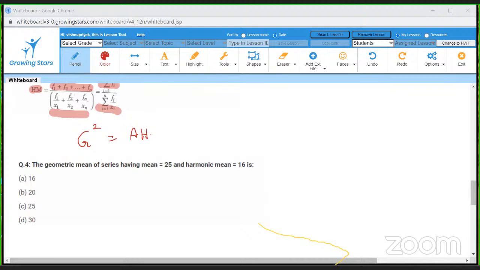So Lohit is saying 20 is the answer. Kumar also said the same.